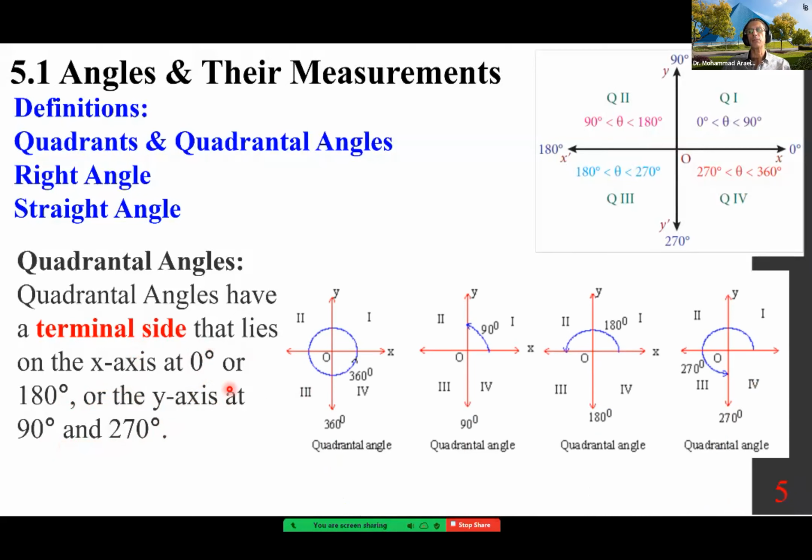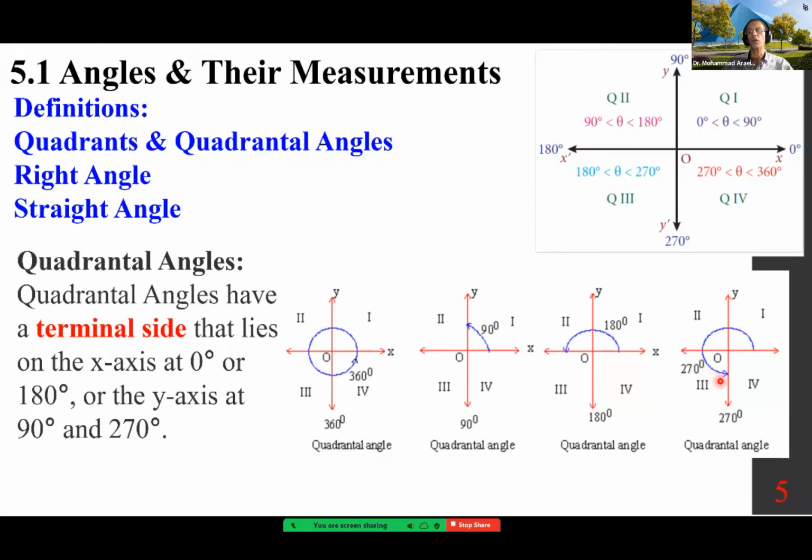So take a look at the concept here. These are all examples of quadrantal angles. Starting with this, again, this would be 0 degrees, okay? If the terminal side is on that, the assumption is, for all of them, the initial side is here. If the terminal side is on 0, 0 degrees. If the terminal side is on the y positive side, it's 90 degrees. If it's on the x negative side, it's 180 degrees.